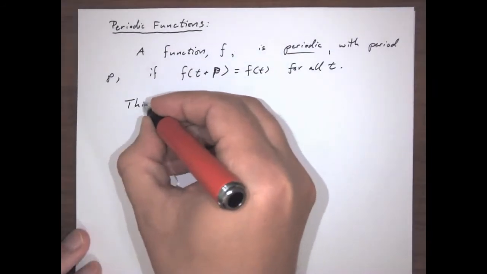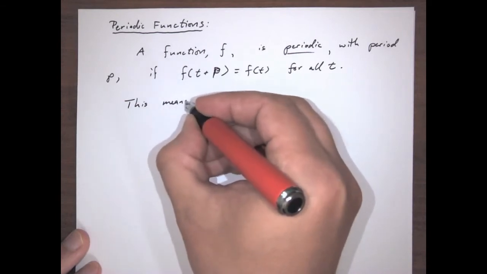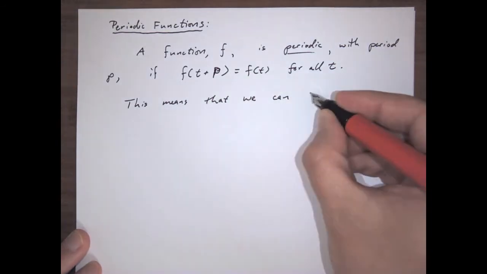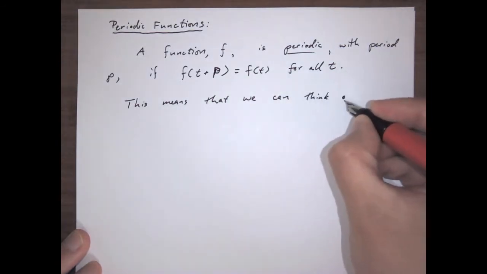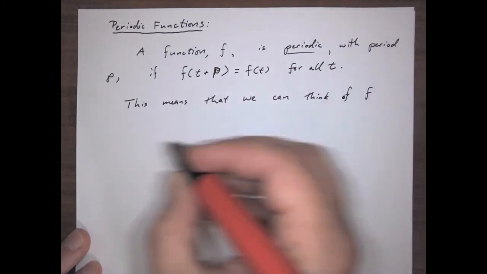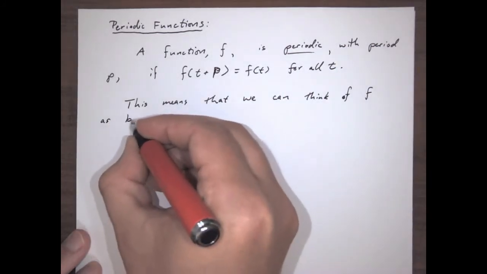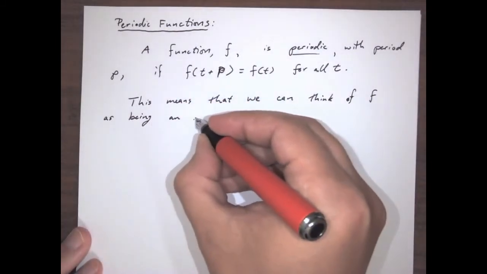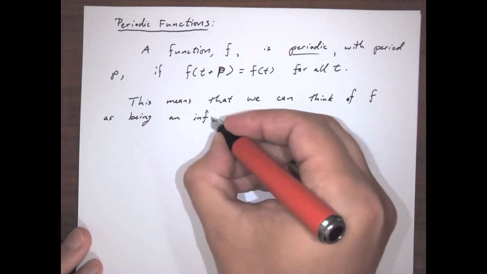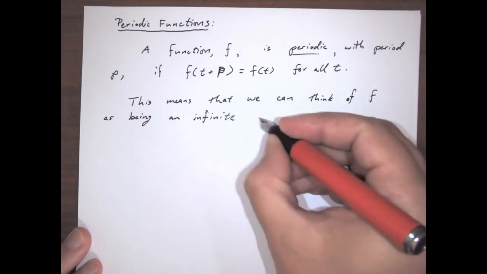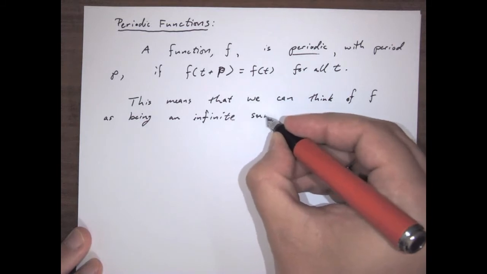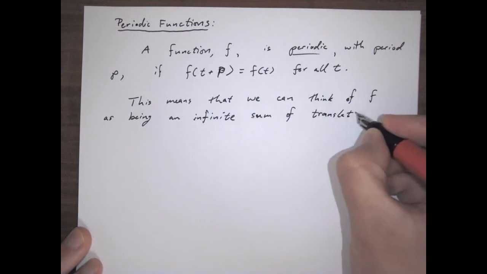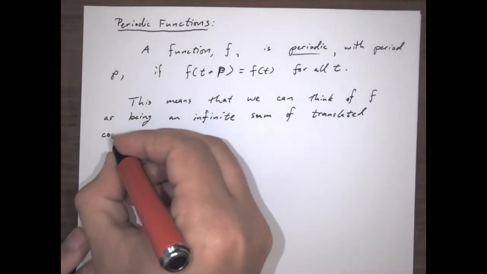This means that we can think of f as being an infinite sum of translated copies of its first period.